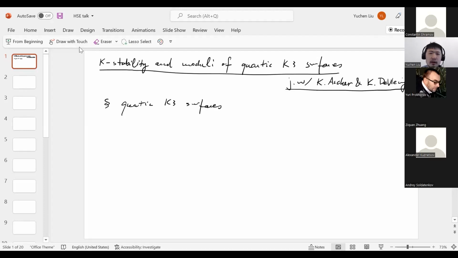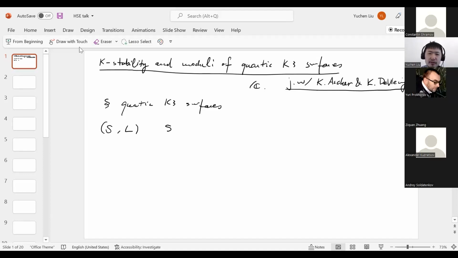So here, we talk about K3 surface in the following sense. So you have a surface S. Oh, by the way, everything should work over C. So we work over C. So we start from a surface.